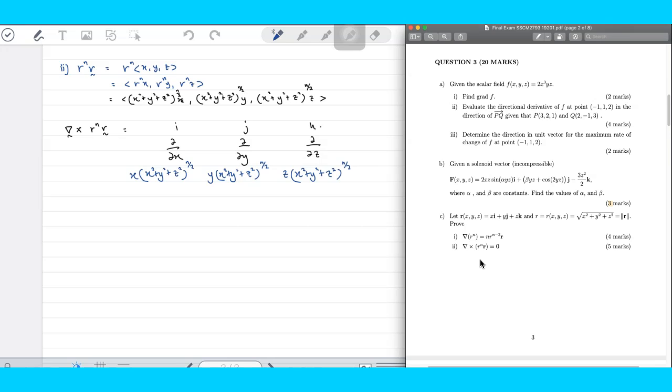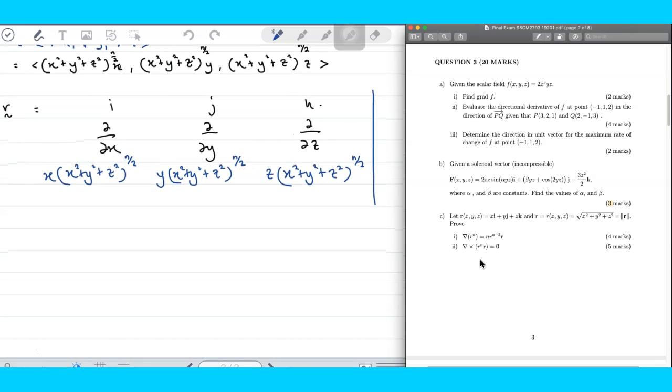So then you have i, so del x of (x squared plus y squared plus z squared) to the power of n over 2. Okay, so now we want to get the result. To get the component x, you have to cross this and this.